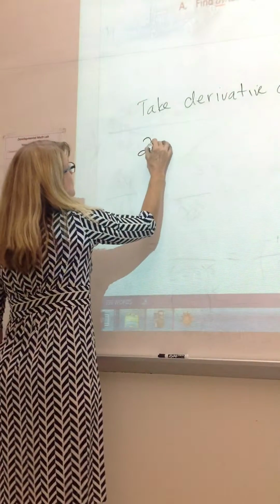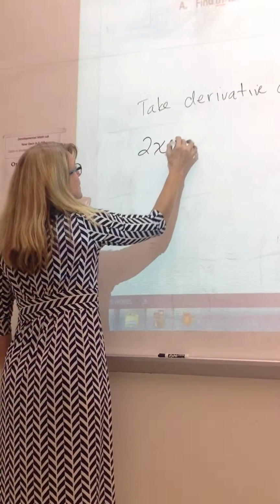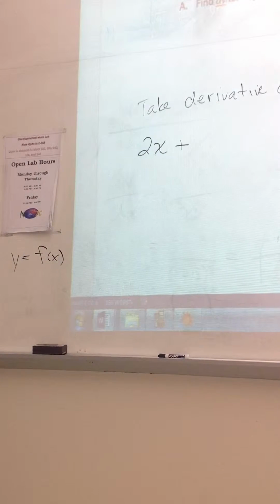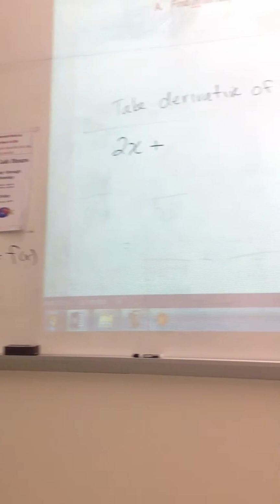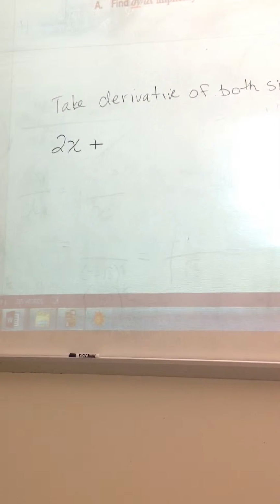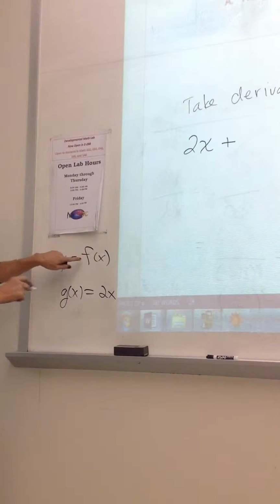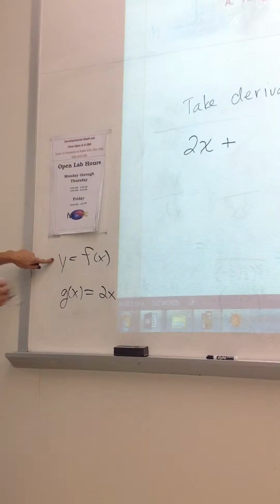And I get 2 times x plus, now careful, if we read that second term, it's 2 times x times y. So you need to use the product rule. You have the function 2x multiplying the function y.